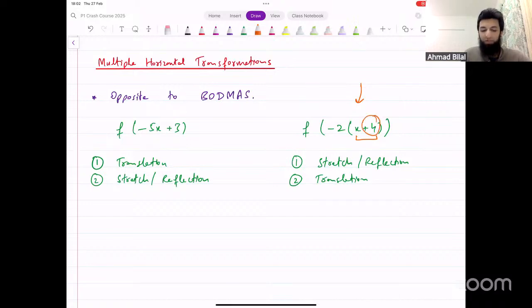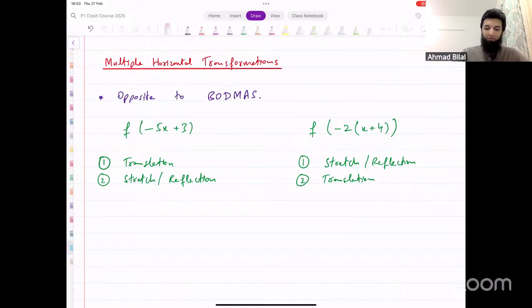So you do +4 first and then multiply by -2, but we have to do the opposite in horizontal transformations. So instead of doing translation first, we first do stretch and then we do translation. And that will be the order that we follow in this case. So in vertical, you follow BODMAS. In horizontal, you do the opposite of BODMAS. Okay, that's what we did in the last session.